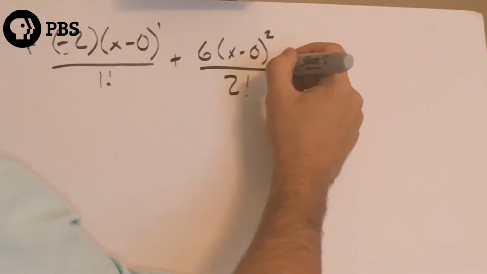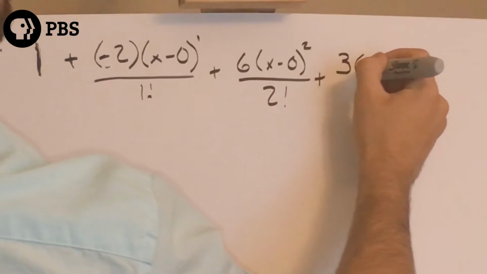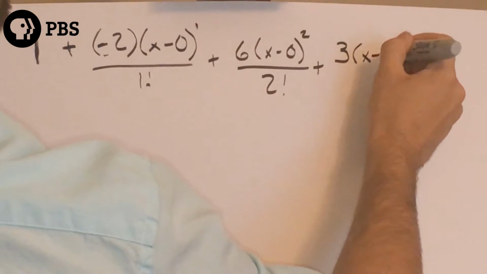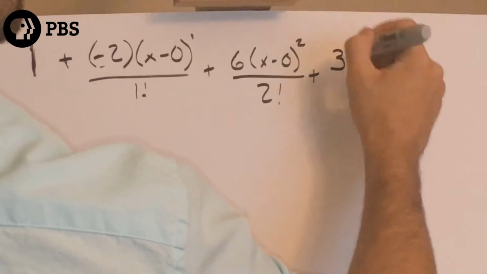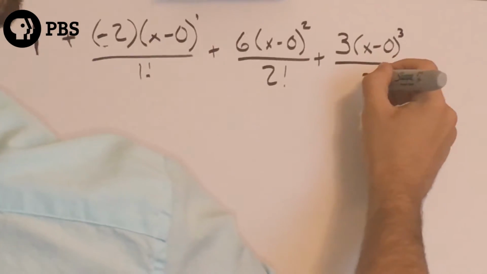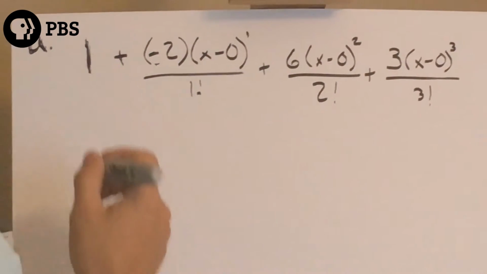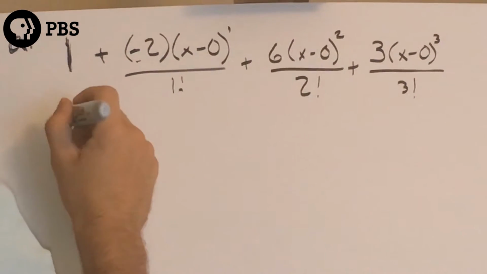And for the last term, you do the same thing as before. Just a little 3 right there. Same old thing. Just make sure you really focus on the lines. And now we can simplify that.